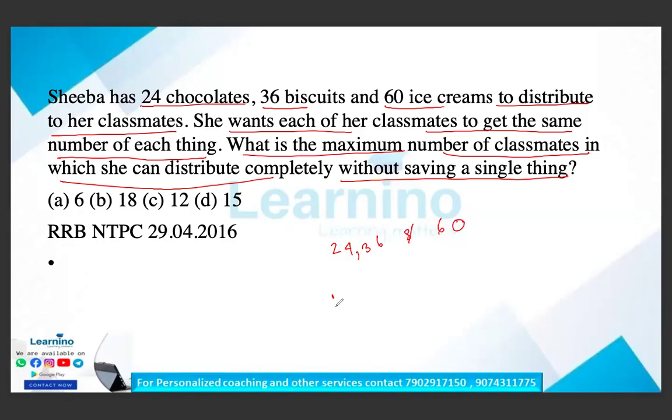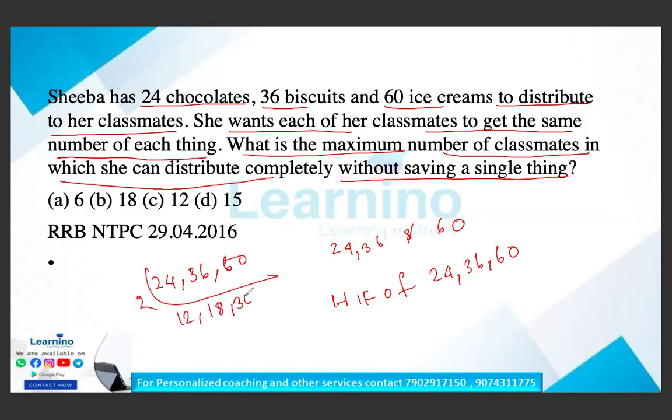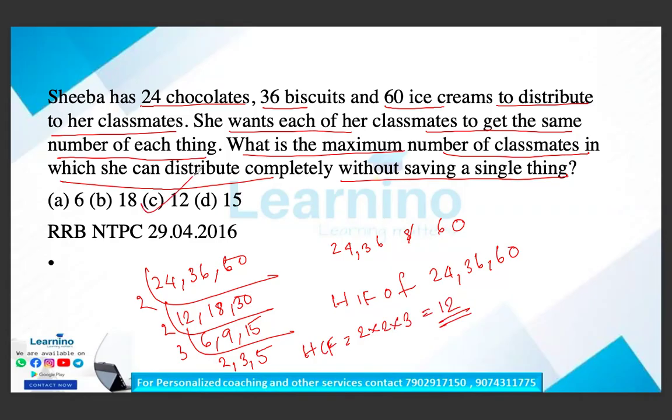For the maximum number of classmates, take the HCF of 24, 36, and 60. We will get HCF as 2 into 2 into 3, which is 12. So option C will be the answer.